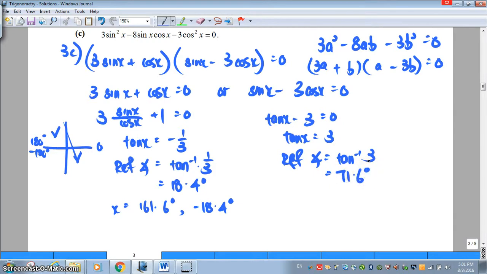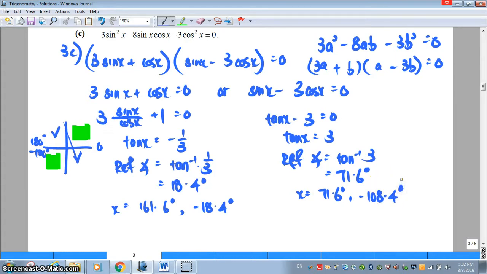So in this case, tangent is positive. Since tangent is positive, it will lie in the first as well as the third quadrant. If it lies in the first quadrant, x will be 71.6. If it's in the third quadrant, remember, it will be negative 180 plus your reference angle. In this case, negative 108.4 degree.